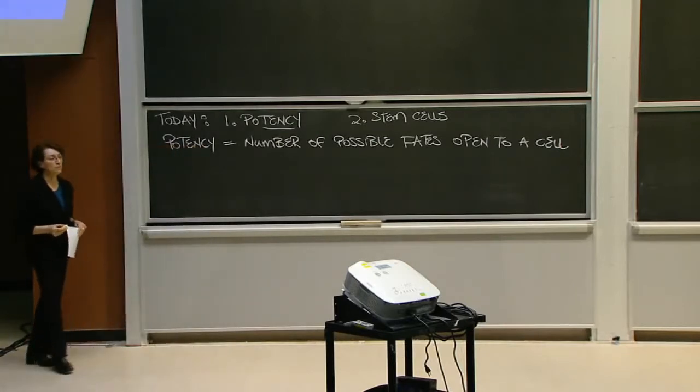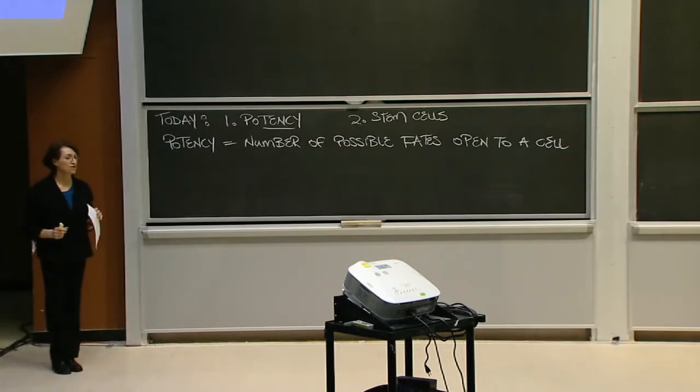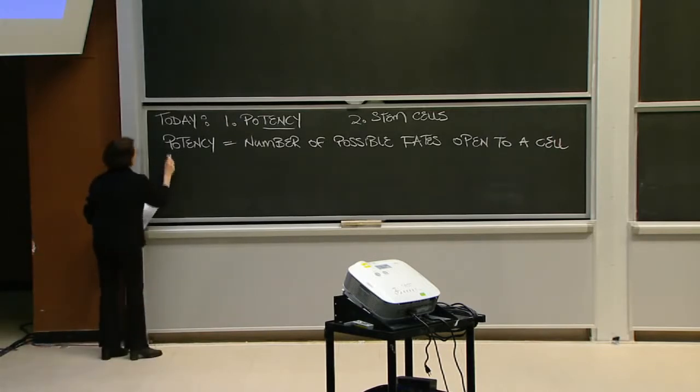This is a very important concept of development because, in general, potency decreases with age and decreases as different parts of the organism become specialized.